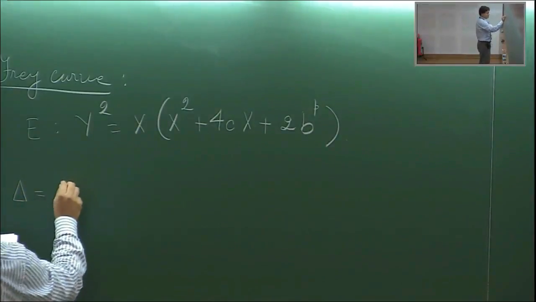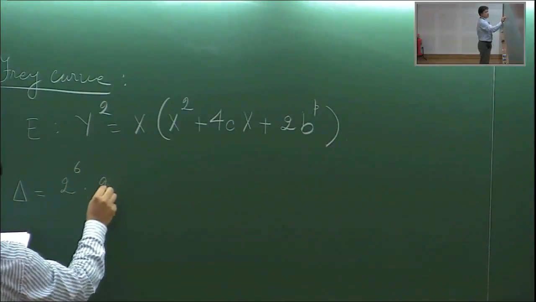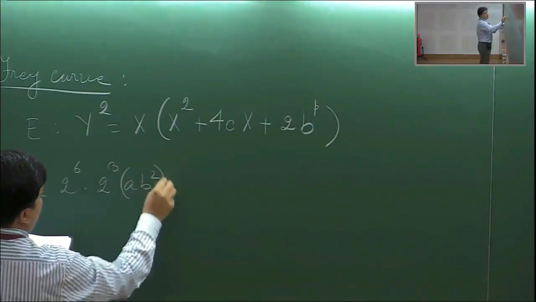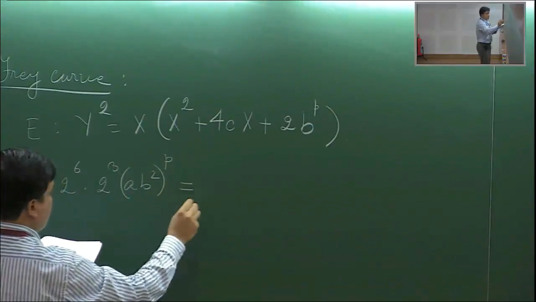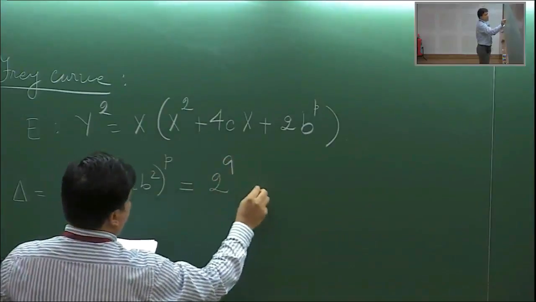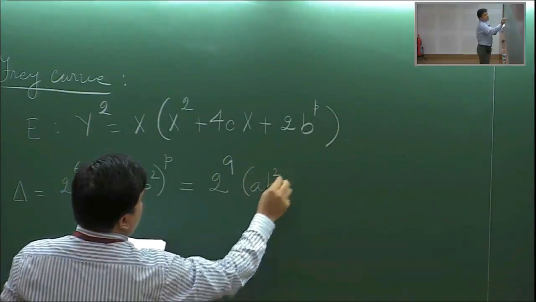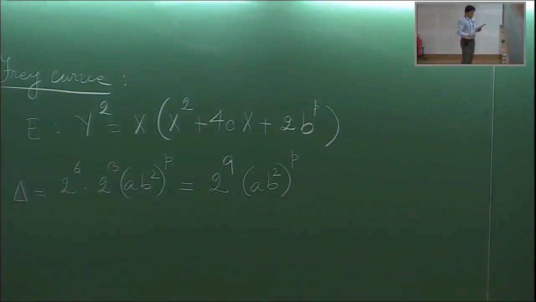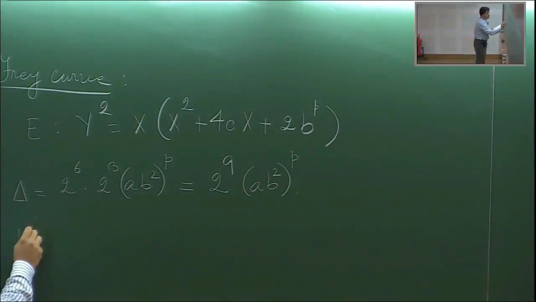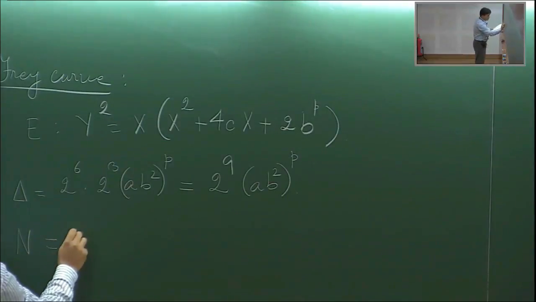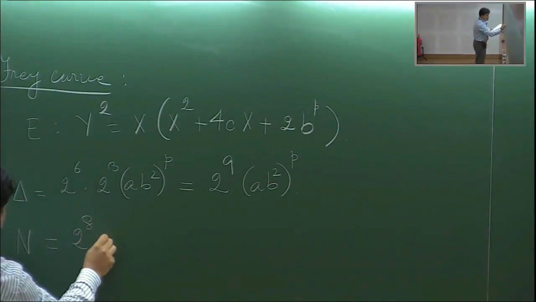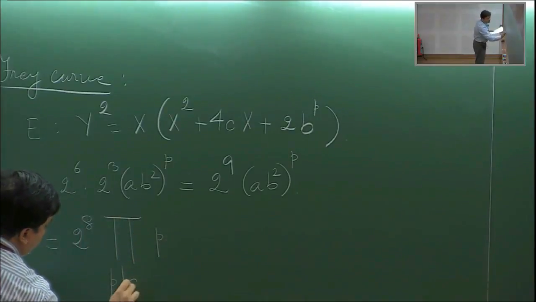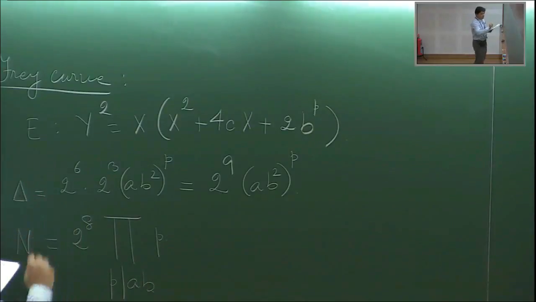This is 2 to the 6 times a square power of b. You can compute this using these coefficients, and then the conductor of the elliptic curve is 2 to the 8 times the product over primes dividing ab. So this is the radical of ab.